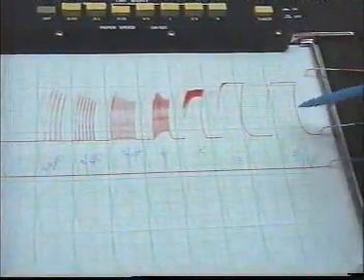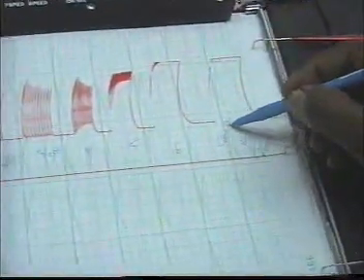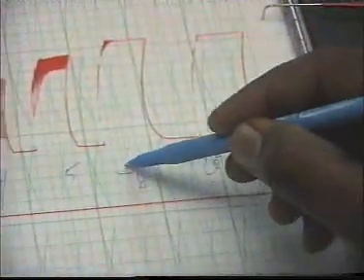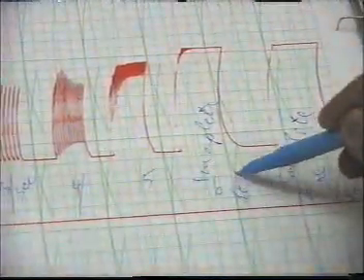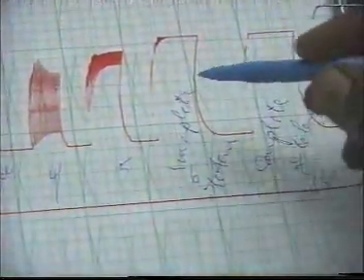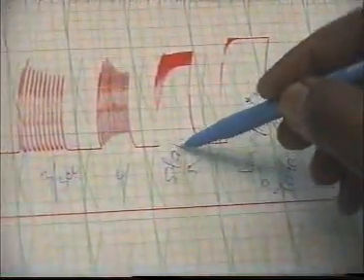At this rate, it's incomplete tetanus. It's complete tetanus. This is the staircase phenomenon.